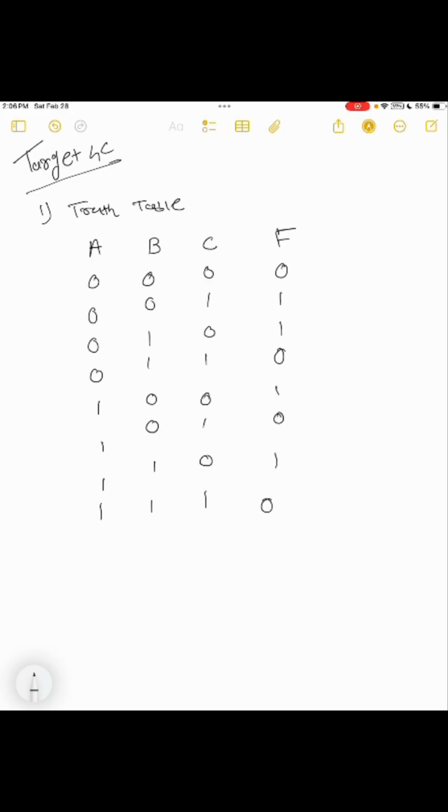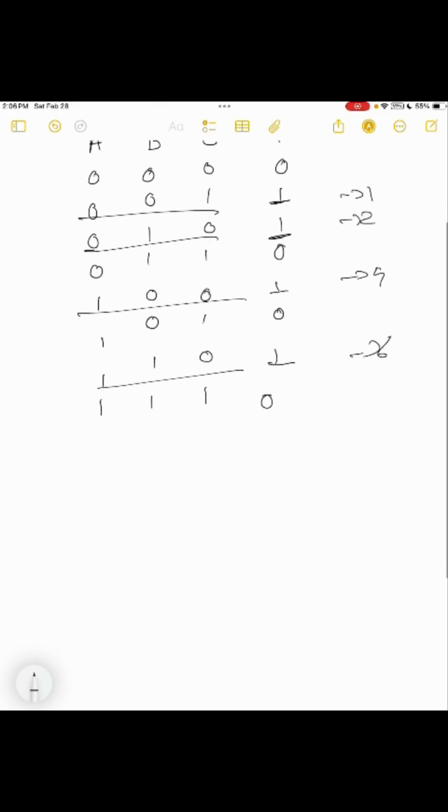From the function and the truth table you can see the function f gives the output true 4 times. This is 0 0 1, which is 1. This is 0 1 0, this is 2. 1 0 0 is 4, and 1 1 0 is 6.